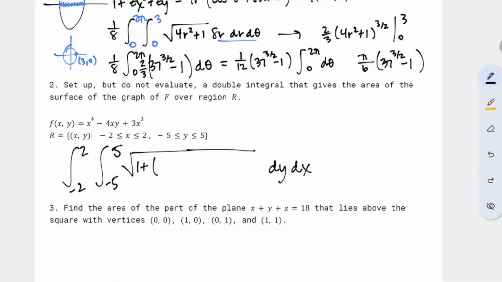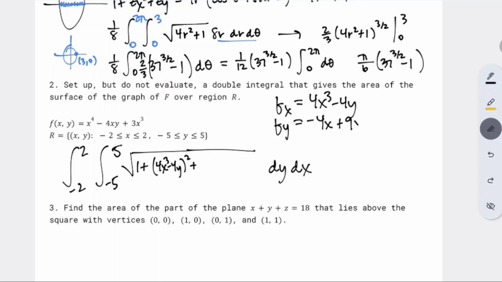All right, fx, the partial derivative of f with respect to x, is 4x cubed minus 4y squared, plus, okay, fy is going to equal -4x plus 9. Wait. I messed something up. I think this was supposed to, well, maybe it was intentional, but I'm going to take a step back.